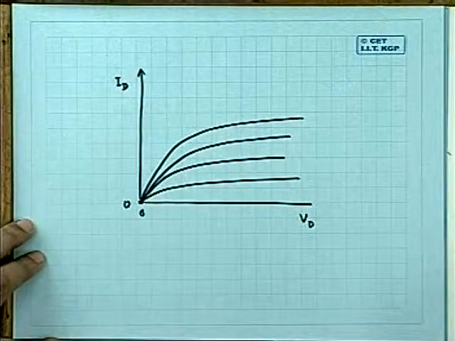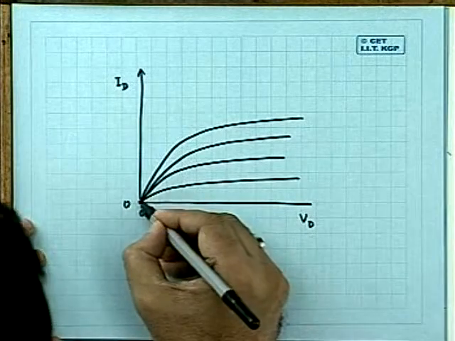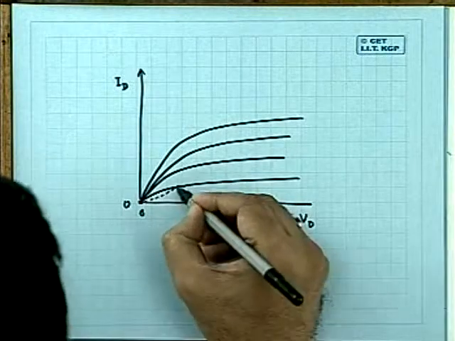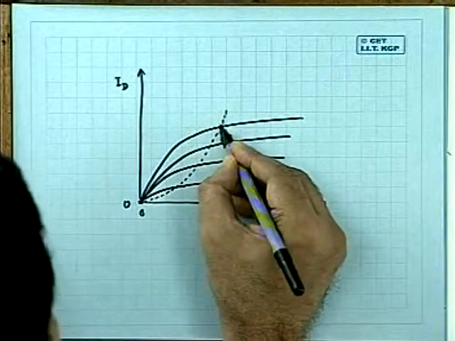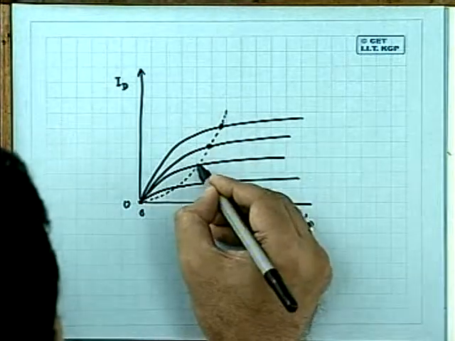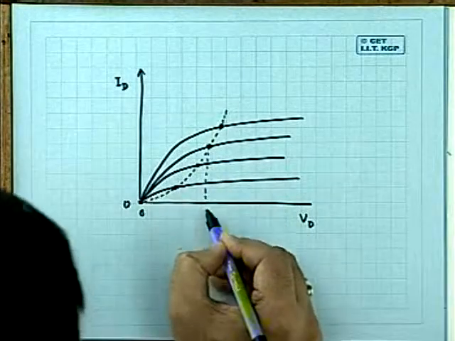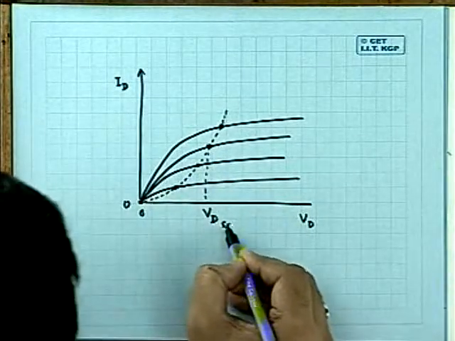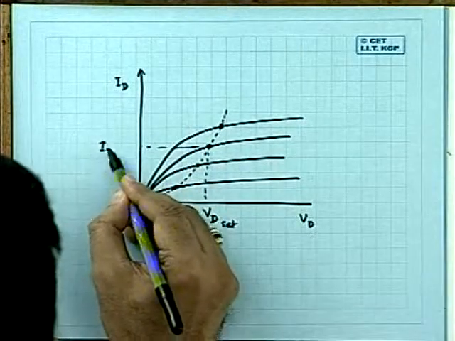Advantage of this technique is you don't have to stop at a certain point. You remember, in our earlier derivation, I drew a boundary, and these points were defined as VD set, ID set points. A particular value I call VD set, and a particular value is called ID set.